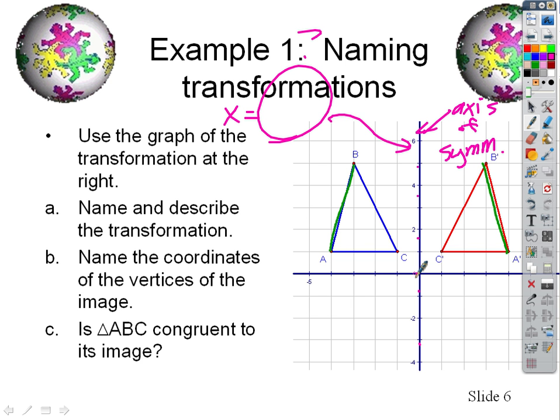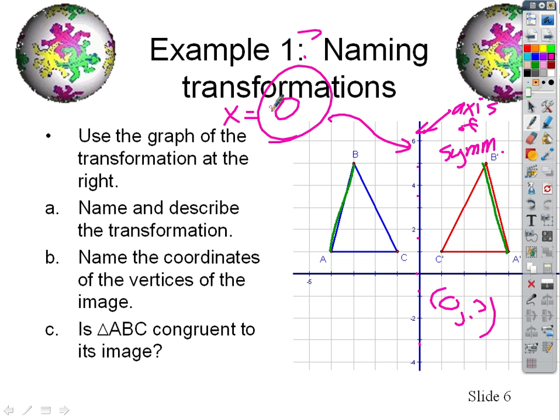What's the x-coordinate of every point on the y-axis? 0. Sure. They all have coordinates 0, something, right? So it's x equals 0. That's how we could describe this. If we want to be the most accurate, we'd say that it's a reflection in the line x equals 0.